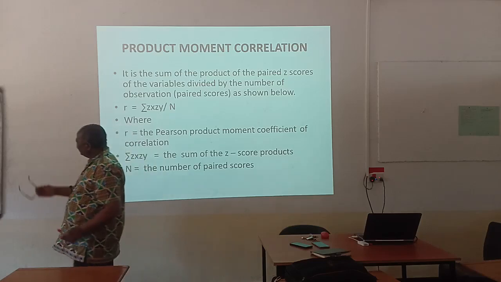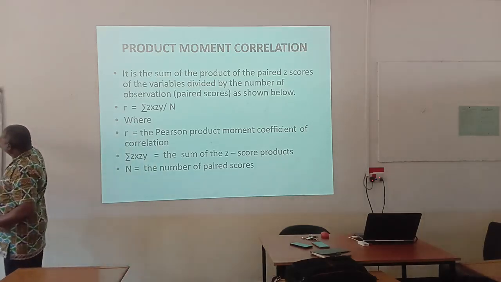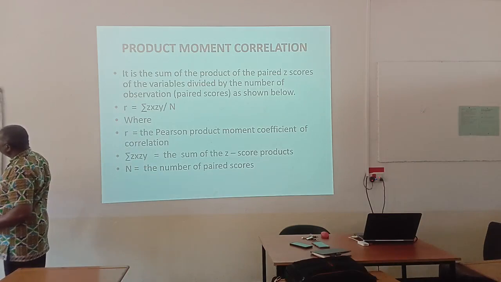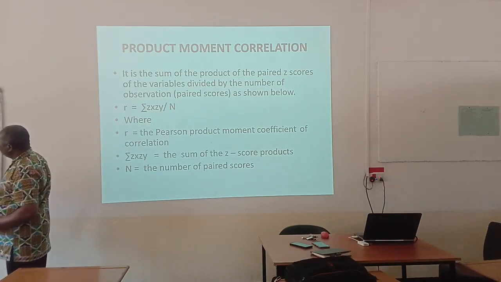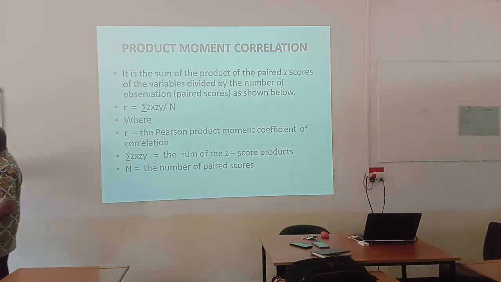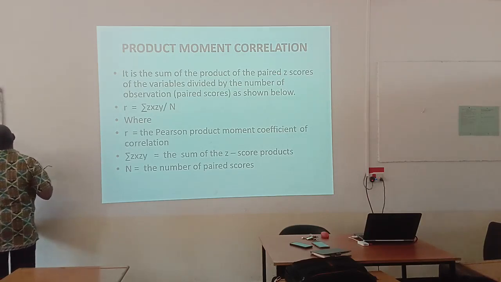Have you found the z-score for B in mathematics? 13 divided by... negative 0.61.